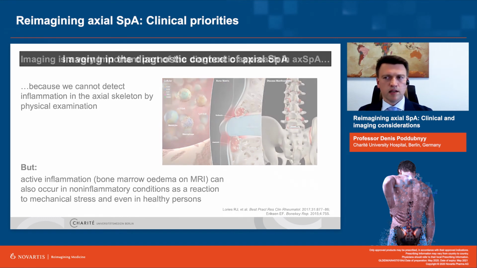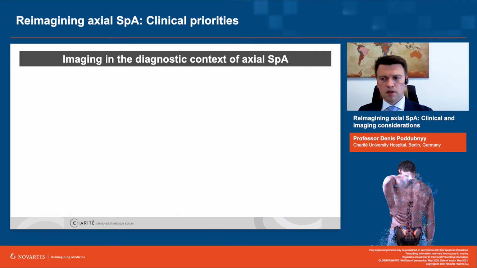And that is why it is extremely important to learn how to differentiate mechanical or non-inflammatory problems from real inflammation in the context of axial spondyloarthritis. There are several potential ways. What we are doing already for years is a continuous educational process.